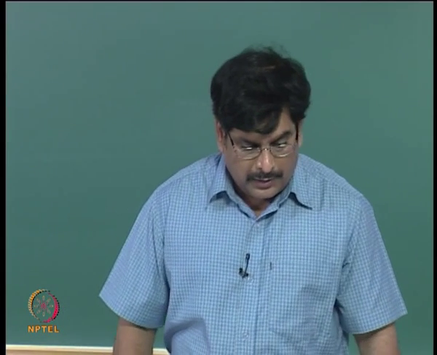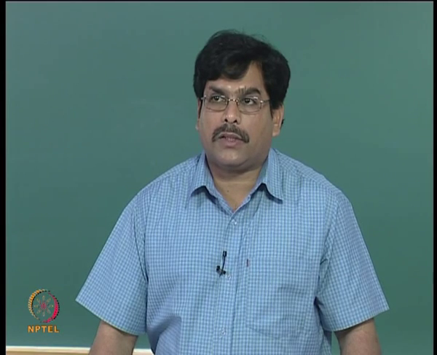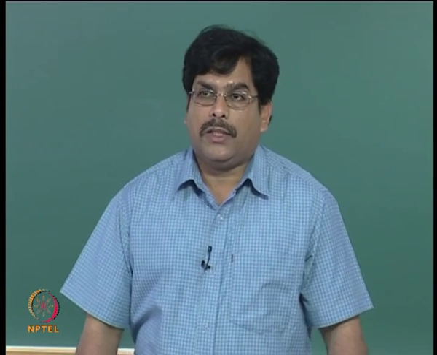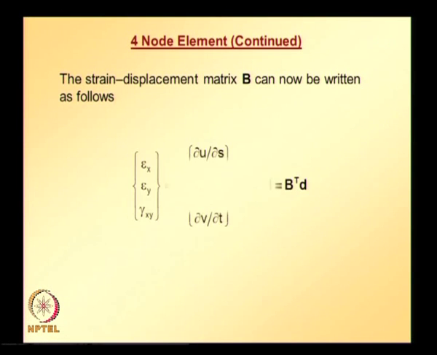And this can be done in this manner, that is, calculation of derivatives of trial solution with respect to S and T can be obtained through this equation, which can be compactly written like this. So, finally, the strain displacement matrix can be written like this.